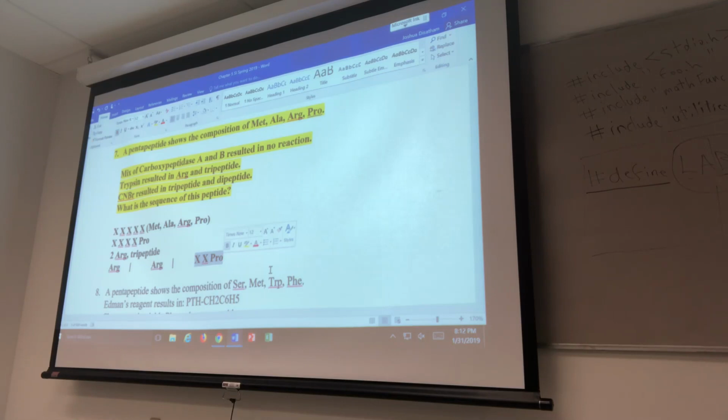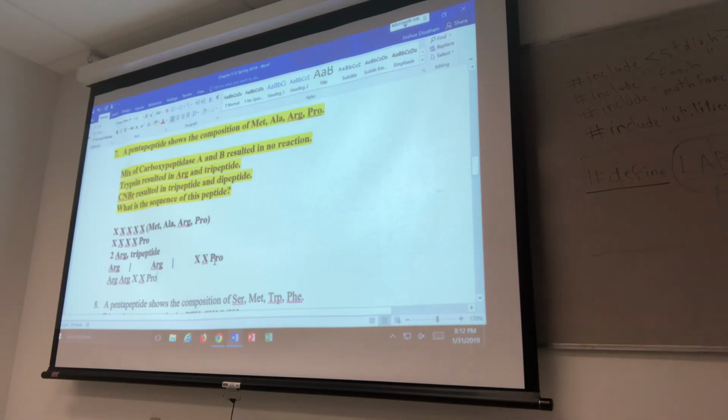All right? So we've so far figured out our sequence is arginine, X, X, proline. Almost done. Cyanogen bromide resulted in a tripeptide and a dipeptide. You go look in the table, and it'll tell you that cyanogen bromide cuts the C side of methionine. So this information is telling me where methionine should go.